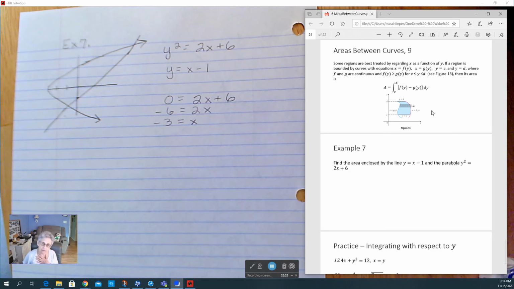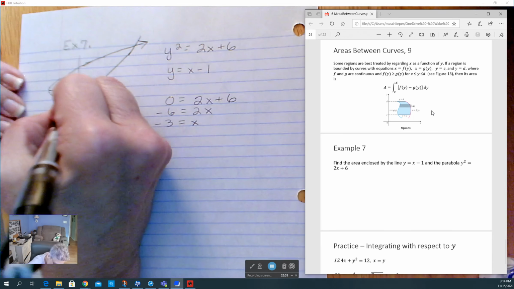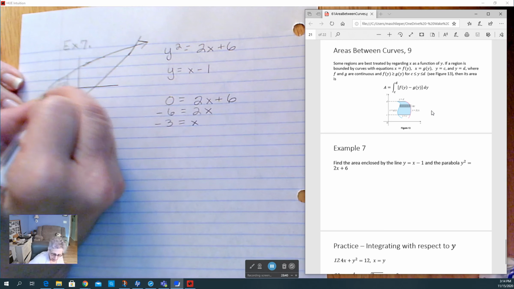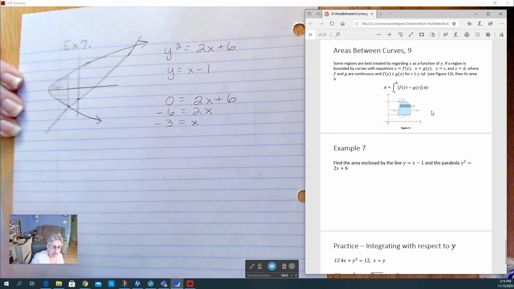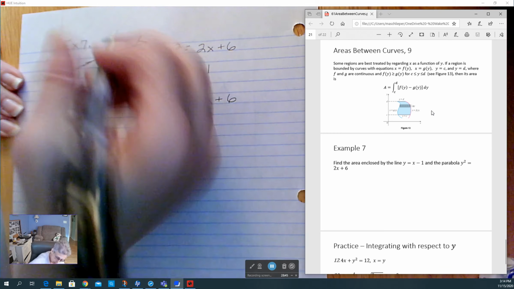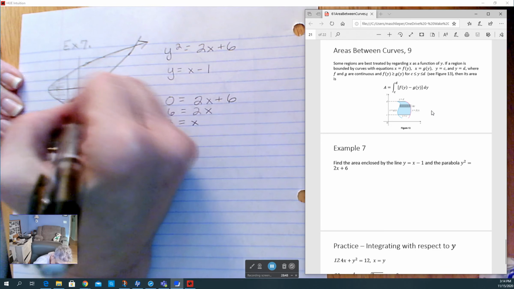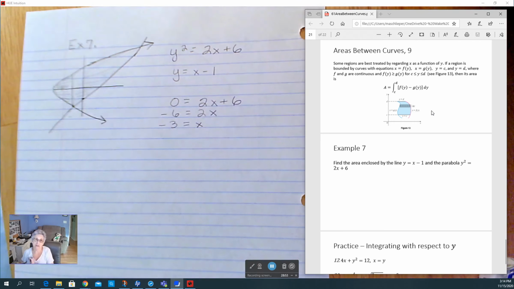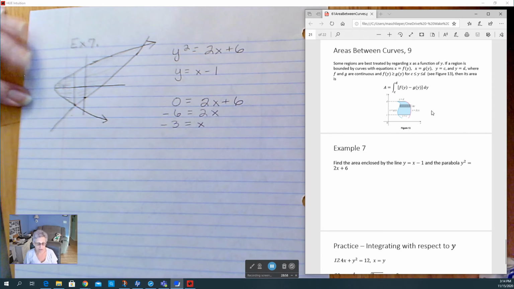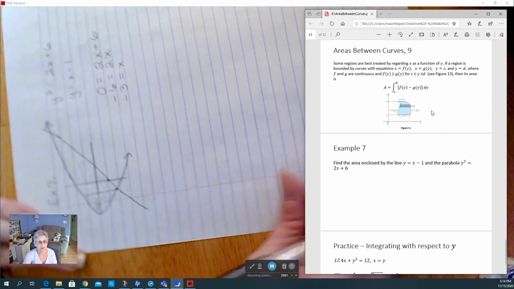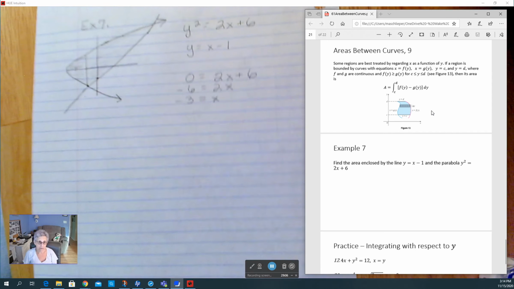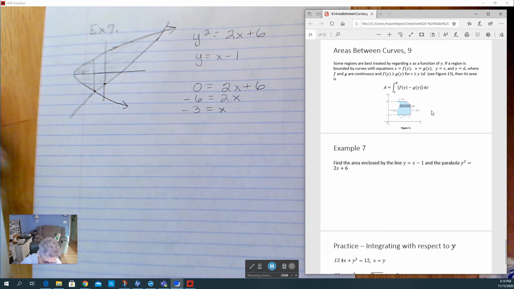If I were going to integrate with respect to x, I would have to find this intersection point, and I would have to find this area minus this area, and add it to this area minus what's underneath this parabola minus what's underneath the line. No, I'm going to just imagine turning the paper sideways. I'm going to integrate with respect to y instead of with respect to x.